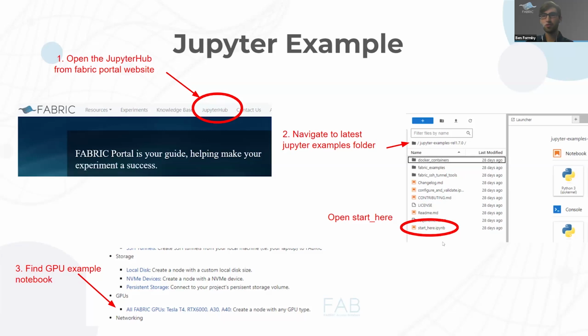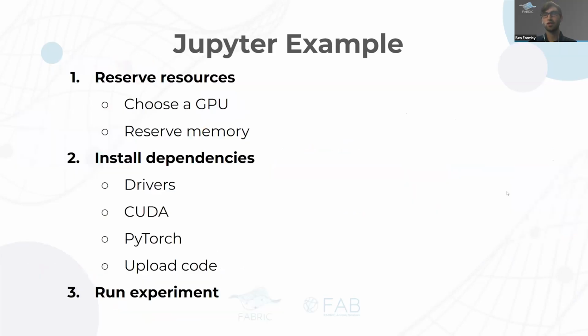Within this notebook, you're going to go down to the Fabric GPU example notebook. This notebook is broken up into three main sections: the first being reserving your resources, the second being installing all of the dependencies, and finally running the experiment.